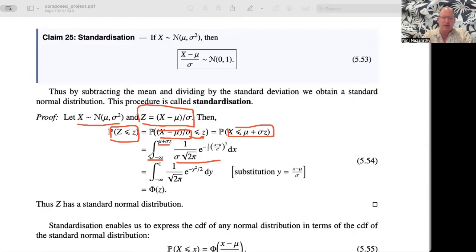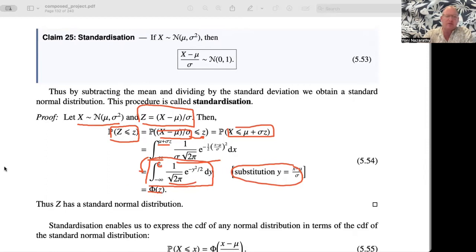Okay. And you can now move this back, by a change of variables in the CDF, to be the integral over the standard normal PDF, namely the normal CDF at the point z, and that is phi of z.